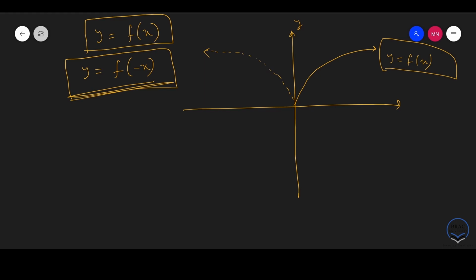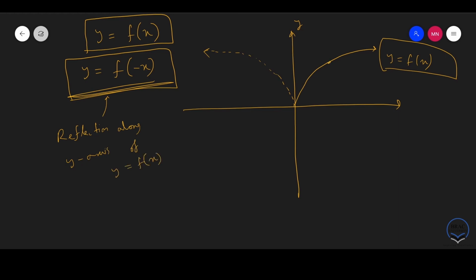So this is just a reflection along the y-axis of the graph y is equal to f of x.